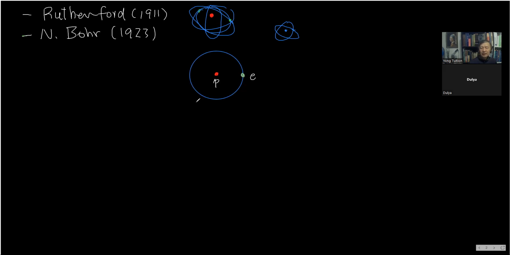If we assume this is doing circular motion, the electron orbits about the nucleus in the same way as Earth orbits about the sun. This is a typical circular motion with radius r. Now, what force is acting as the centripetal force, can you imagine?